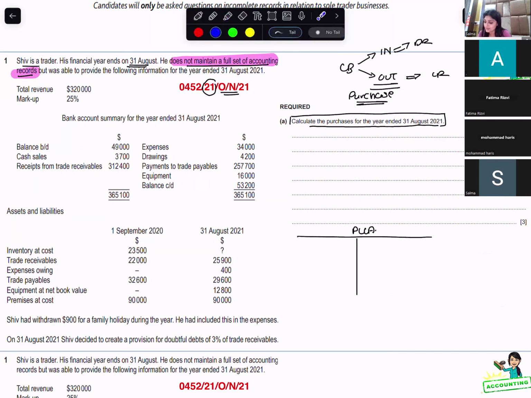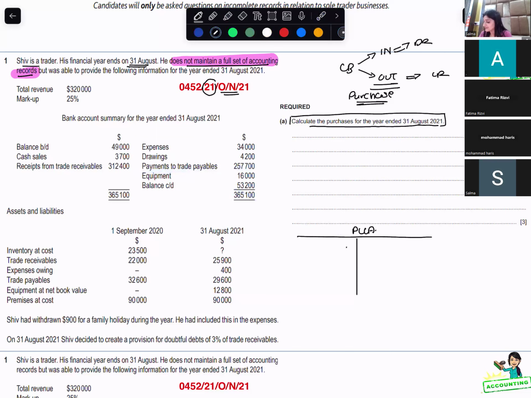This is revenue, markup, sales and trade receivables, which is not related to purchases. Payment to trade payables. Come on, tell me, money paid to trade payables, does this come in PLCA? Yes.